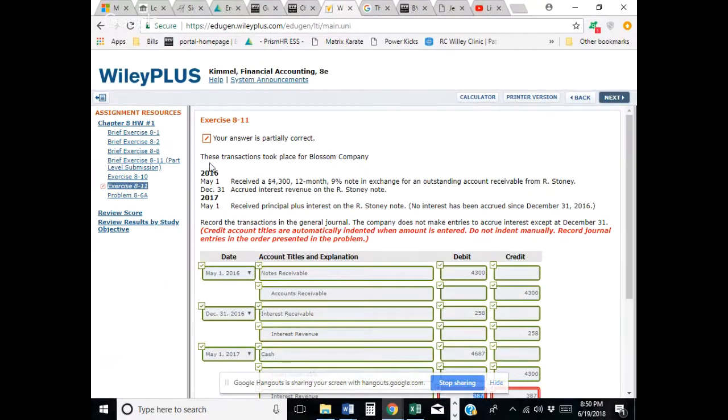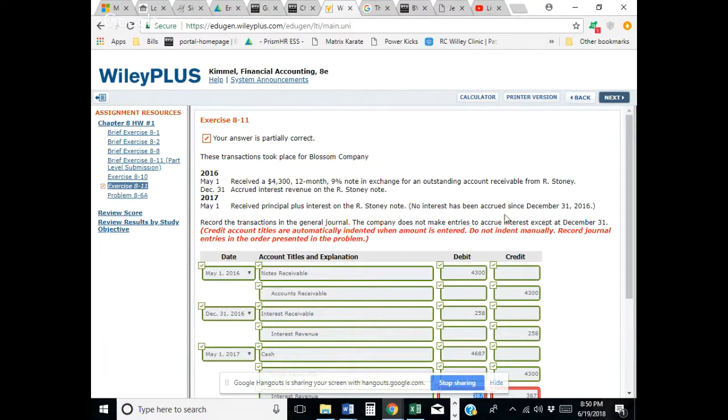Let's go to the instructions. These transactions took place for Blossom Company. 2016, May 1st: received a $4,300 12-month 9% note in exchange for an outstanding account receivable from R. Stoney. December 31st: accrued interest revenue on the R. Stoney note. 2017, May 1st: received principal plus interest on the R. Stoney note.